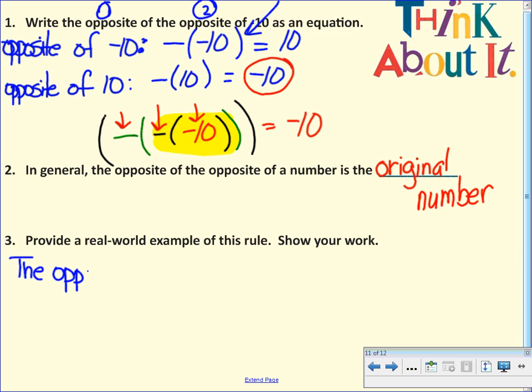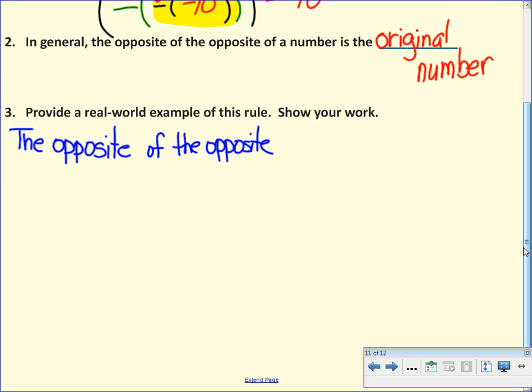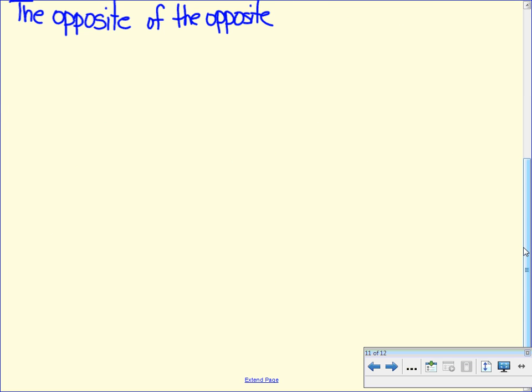The opposite. I told you I was going to say this word a lot. Go home and watch the blog. Count how many times I said opposite. The opposite of the opposite of the opposite.